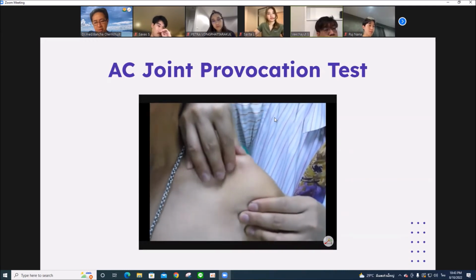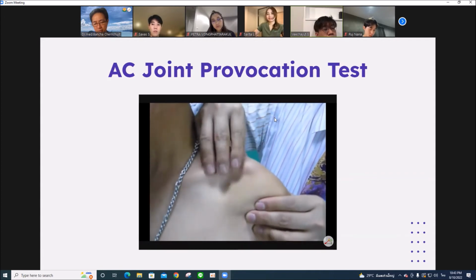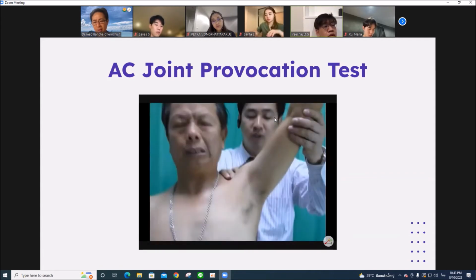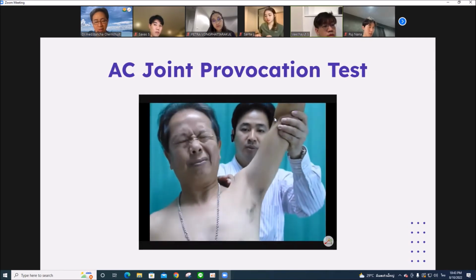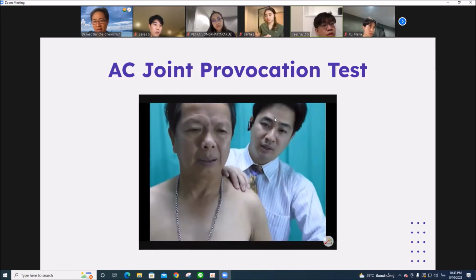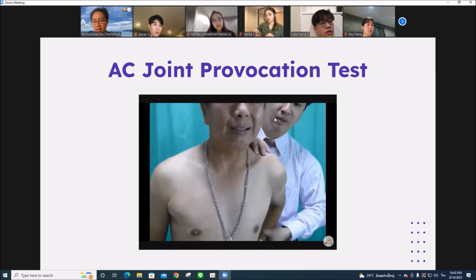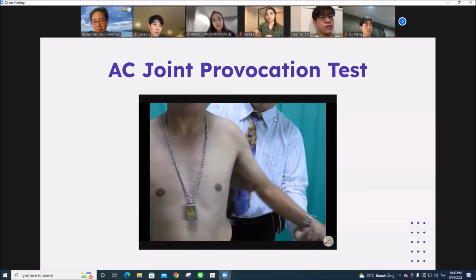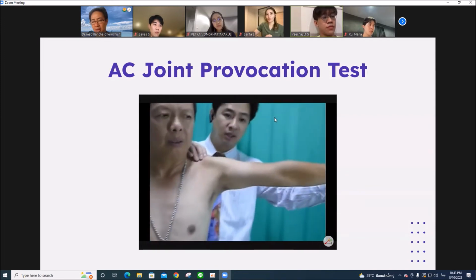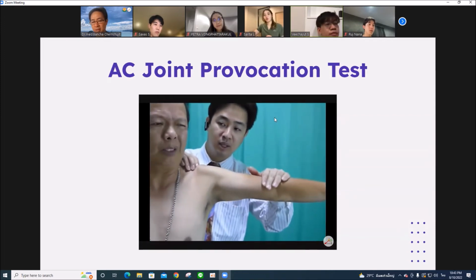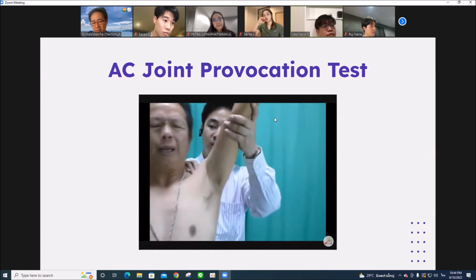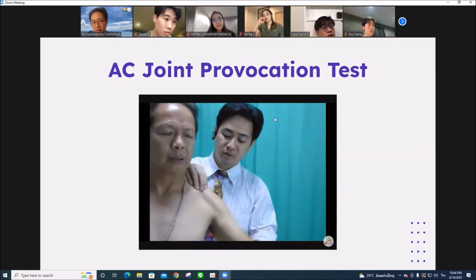In this test you stabilize the clavicle, and on the other hand, you stabilize the scapula, and then you move. When you move, you can feel the clavicle and the acromion moving separately, right? That means the ligaments are torn, AC and CC ligaments, and it has painful range of motion.